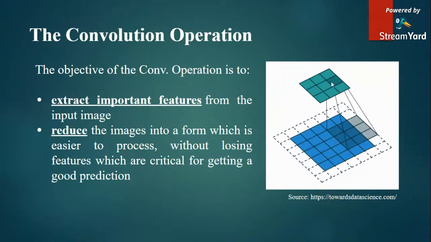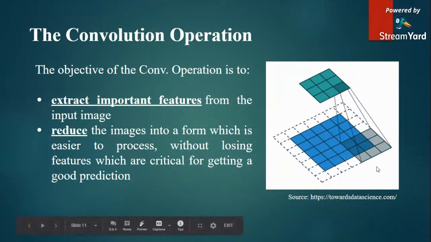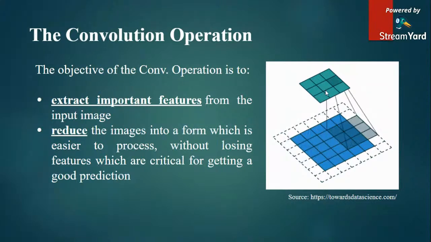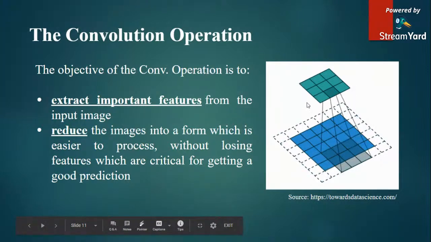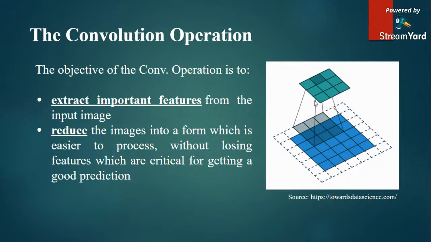The GIF that you see here is not a mathematical operation, but rather you can see how the window, the black portion, is being overlaid. The blue portion that you see is the image, and the greenish blue 3x3 matrix over here is the extracted features. You can see how each of the elements in this 3x3 matrix is being populated by looking at a 3x3 window on the image.